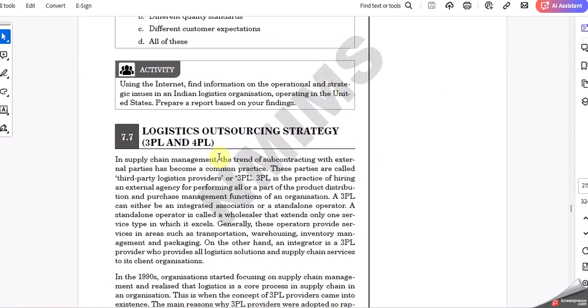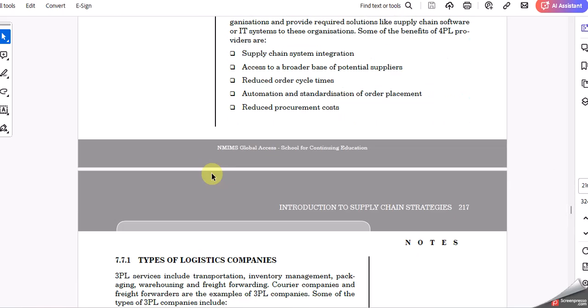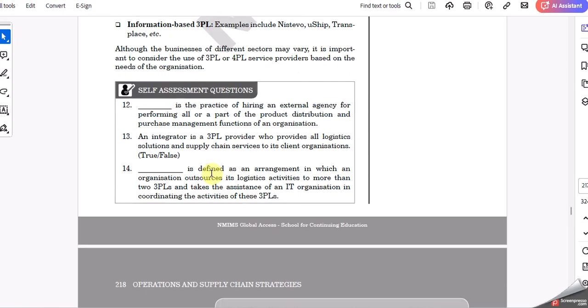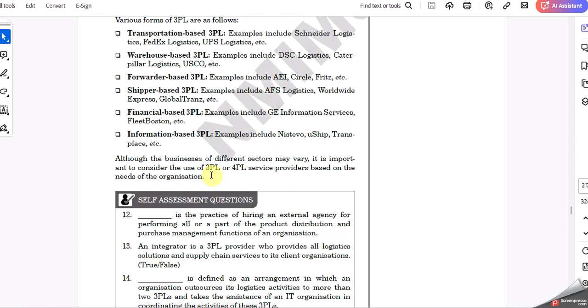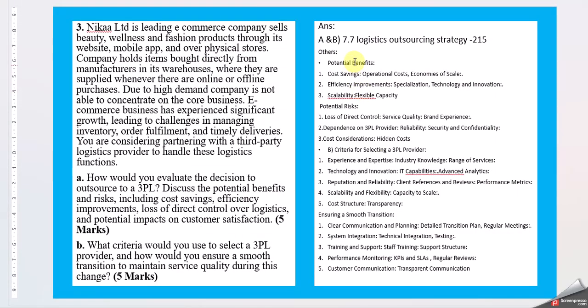So here we have logistics outsourcing strategy. Unfortunately, we could not have a clear bifurcation for both the answers. So you can refer for the basic information. I will try to give you other information here. Potential benefits can be cost saving, operational cost, economies of scale.